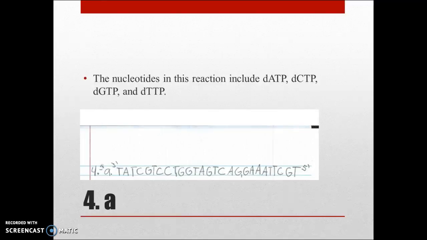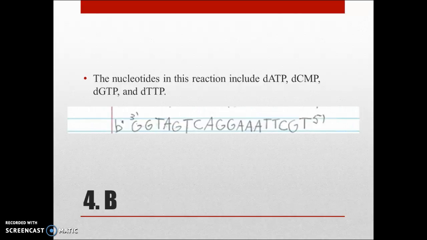So for A, the nucleotides in this reaction include dATP, dCTP, dGTP, and dTTP. And this is the following DNA strand with the nucleotides. For B, the nucleotides in this reaction include dATP, dCMP, dGTP, and dTTP.